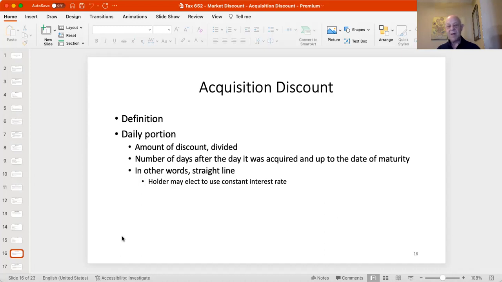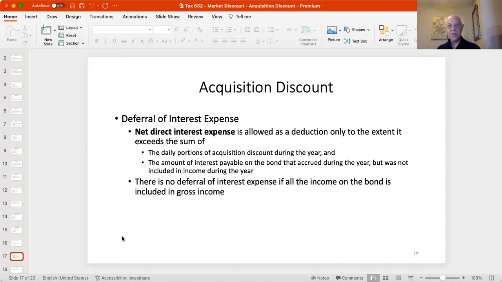So if you buy a bond with less than 1 year to go to maturity, and you're one of the people that are covered by this section, you accrue the income. You accrue the income on a straight line basis. If you're a cash basis taxpayer, you do not accrue the income. You wait until you dispose of the bond, and that's when you pick up the income.